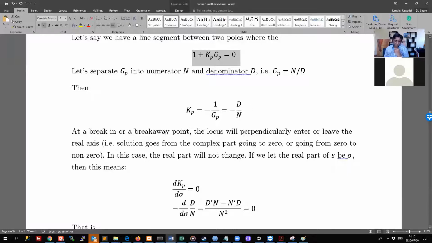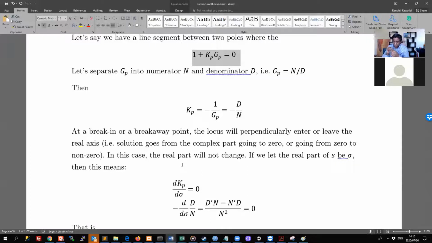So let's convert our s value into two parts, a real part and an imaginary part, and let's differentiate that value of Kp as we are traveling along. We know that at the breakout point, the real part will stop changing and the imaginary part will take over.